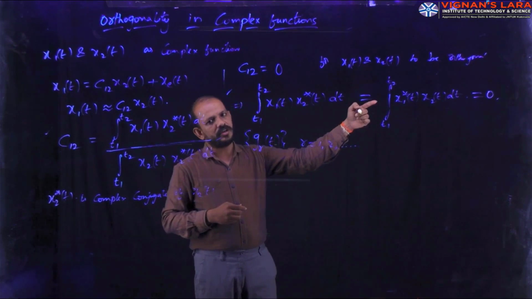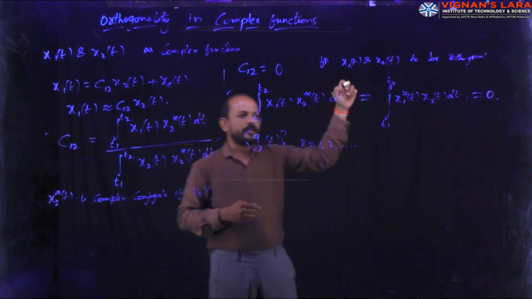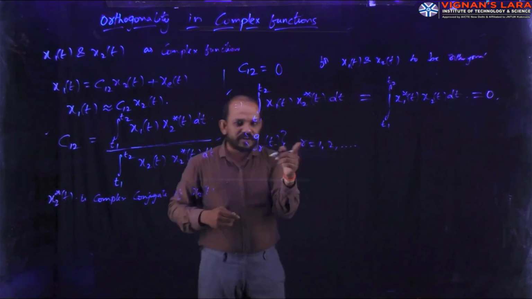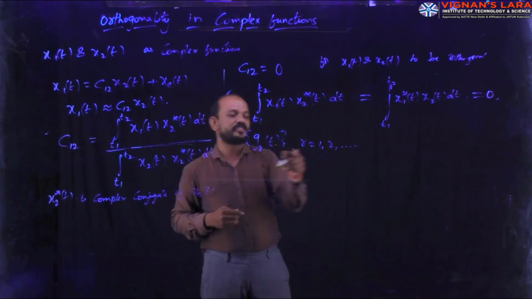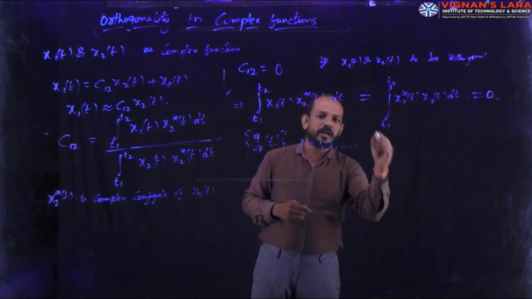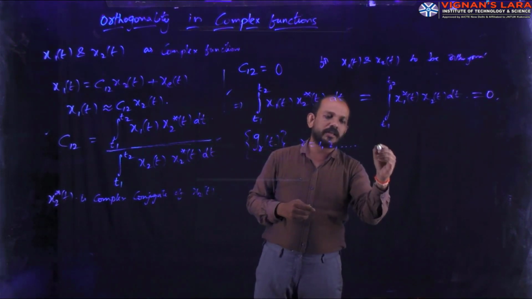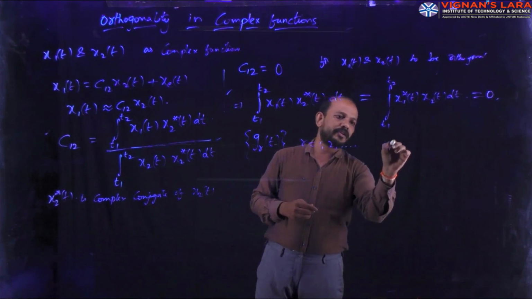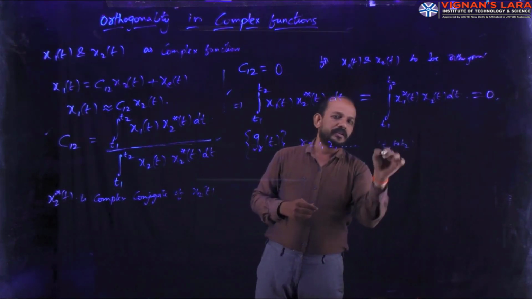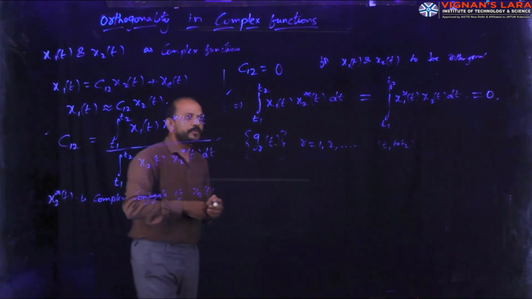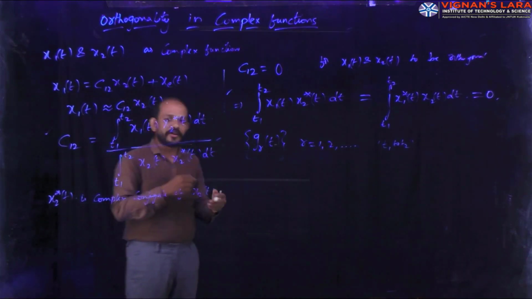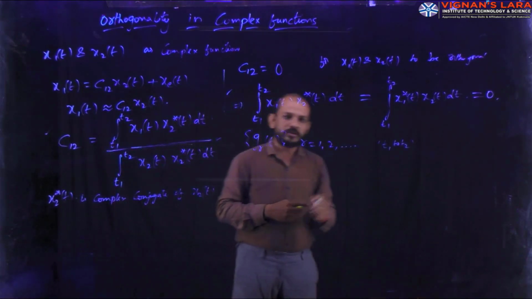Suppose this set of complex functions is mutually orthogonal over the interval t1 to t2.